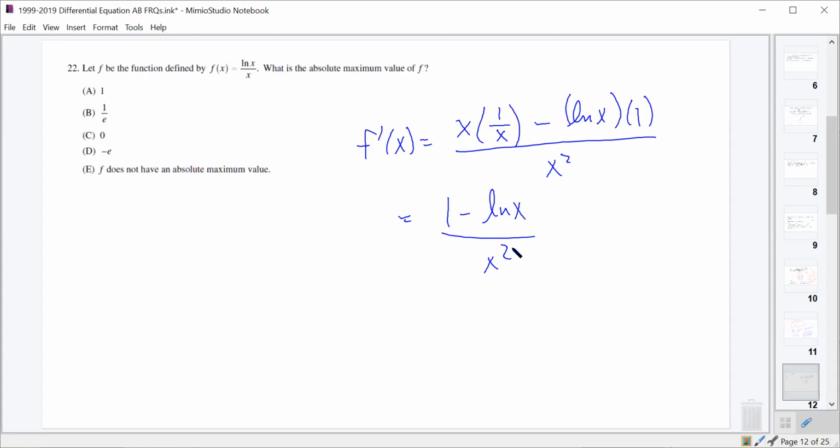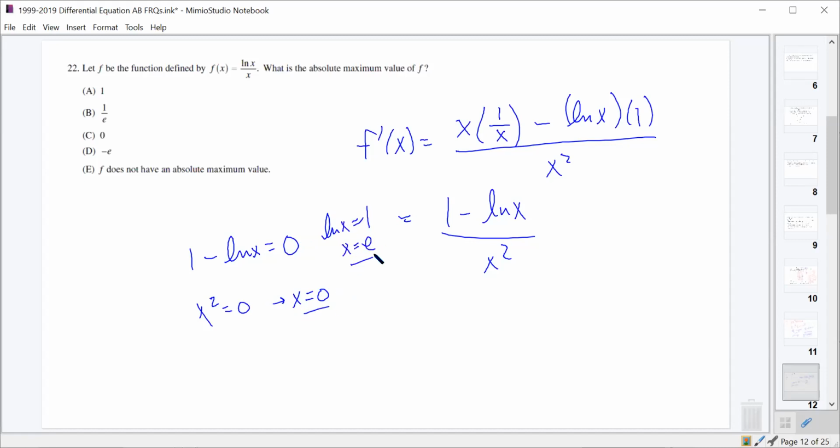Yes. Great. So then we will take a look at the critical values. Critical values are when the derivative is equal to 0. So that'd be when the numerator is 0. Or when it's undefined, which would be when the denominator is equal to 0. So obviously x squared equals 0 gives us x equals 0, and this gives us ln x equals 1 or x equals e.